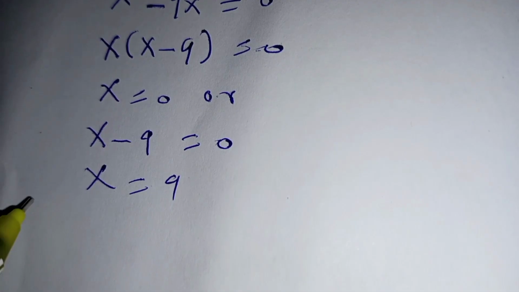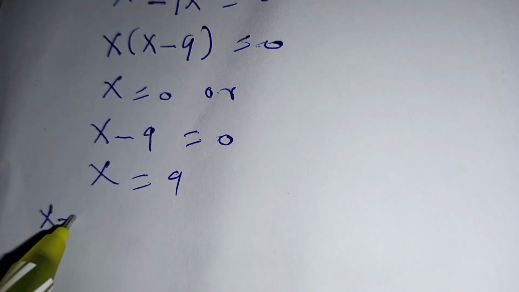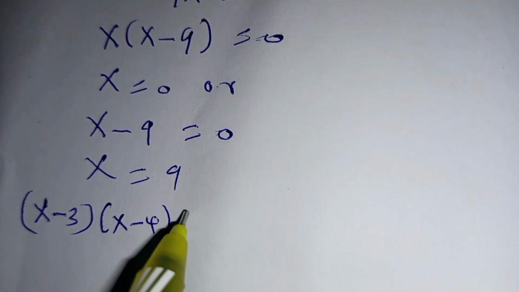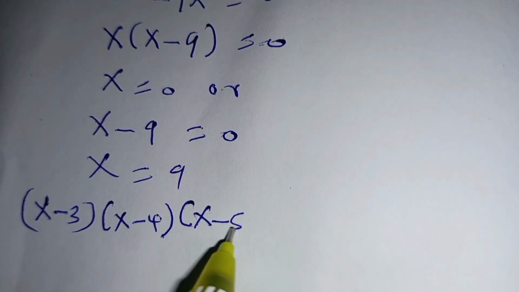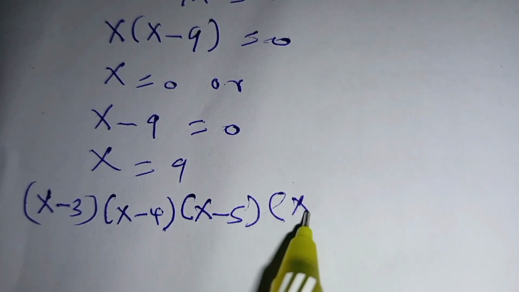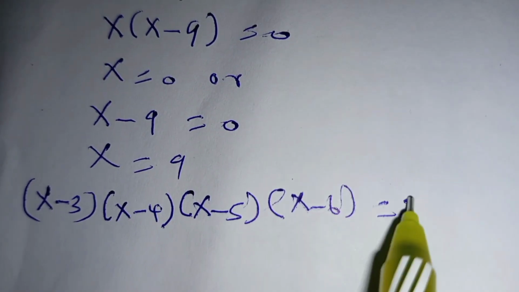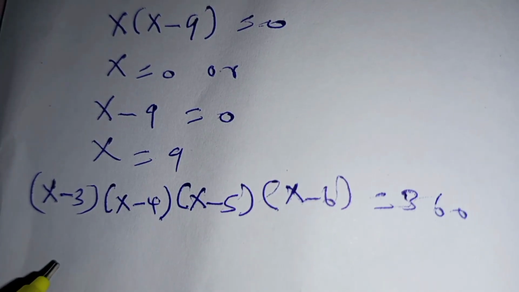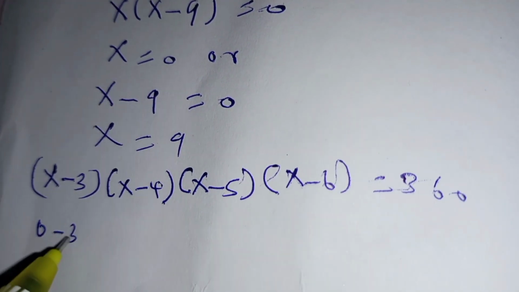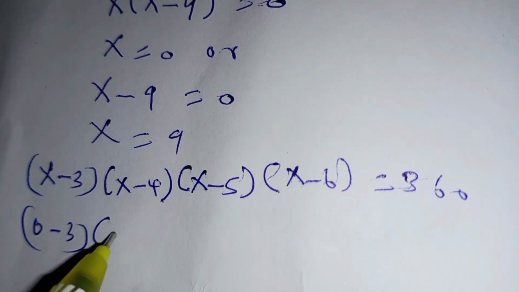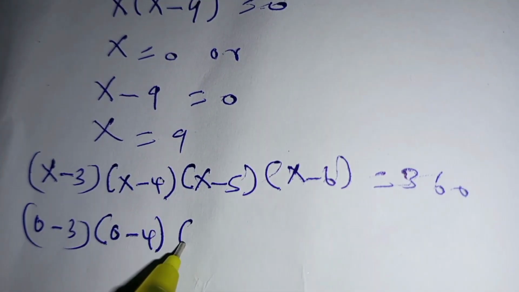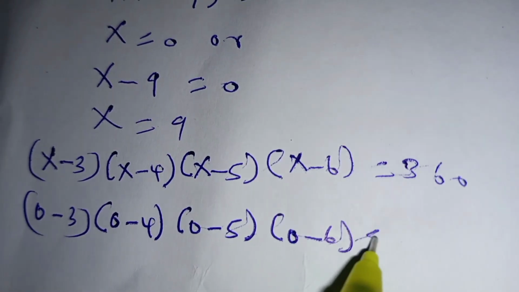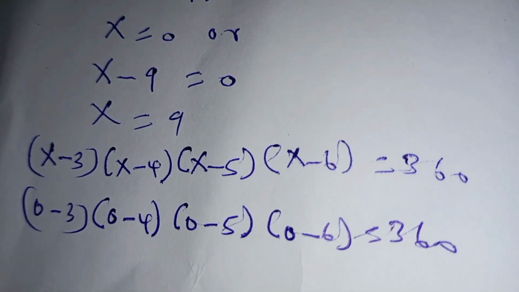So we check our working. We had x minus 3 multiplied by x minus 4 multiplied by x minus 5 multiplied by x minus 6, equal to 360. So what is the value of x? Let us verify. When x is equal to 0, we will have 0 minus 3 multiplied by 0 minus 4 multiplied by 0 minus 5 multiplied by 0 minus 6. Is it equal to 360?